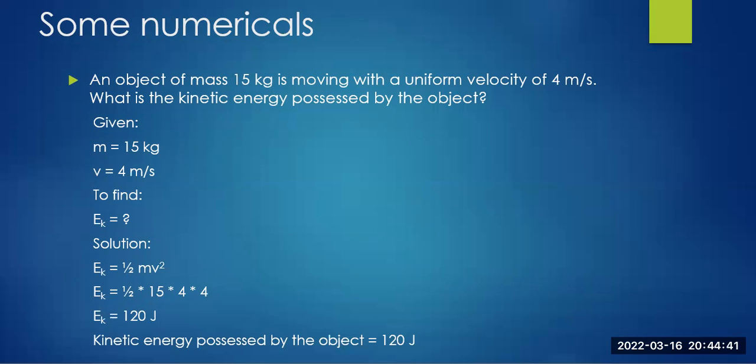We start the solution by writing down the formula, Ek is equal to half mv square. Substituting the values, we get Ek is equal to half into 15 into 4 into 4. By calculating, we get Ek is equal to 120 joules. Therefore, the kinetic energy possessed by the object is 120 joules.